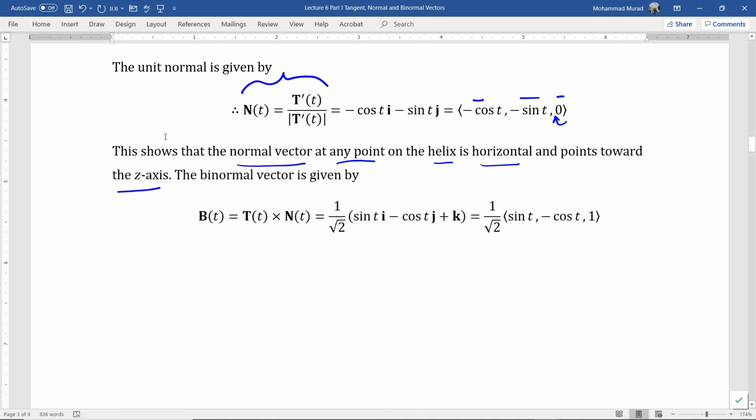Now, the binormal vector is given by, which is the vector with components sine of t over square root of 2, negative cosine of t over square root of 2, 1 over square root of 2, or the vector shown here.